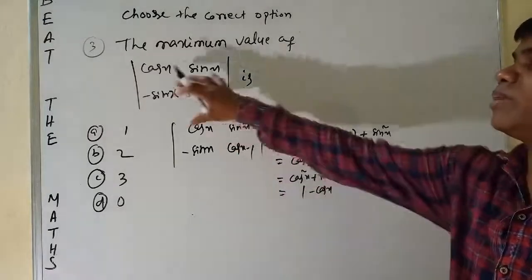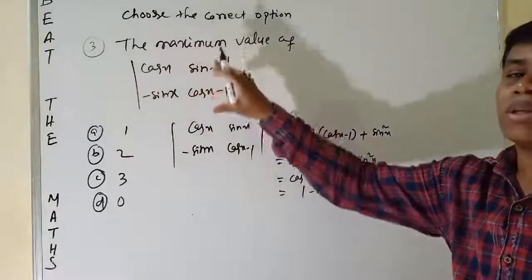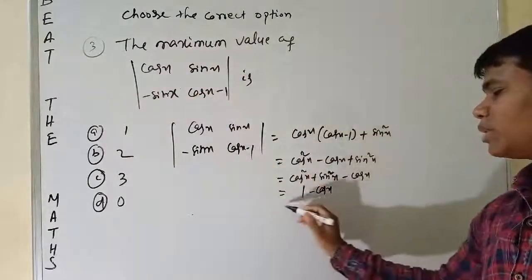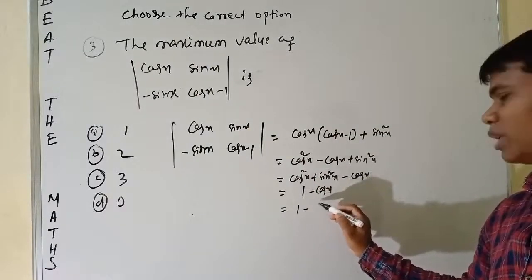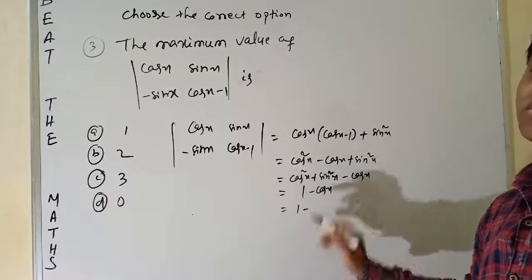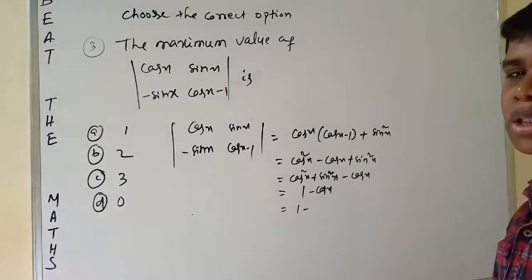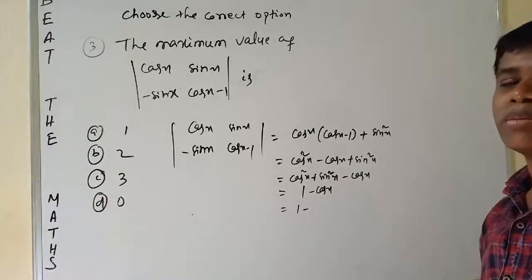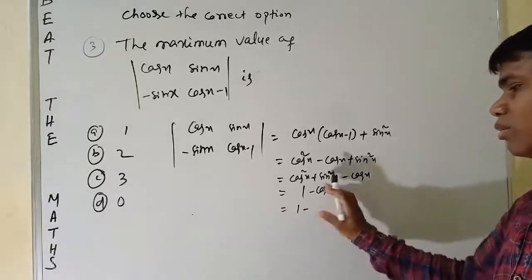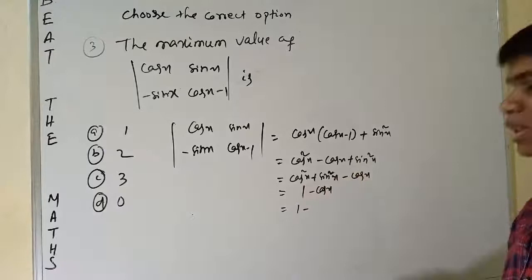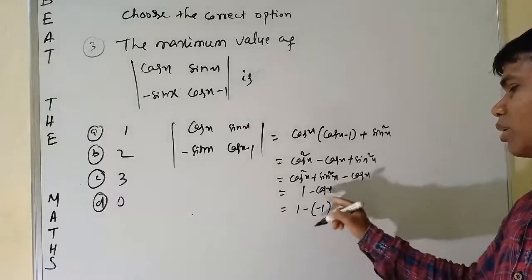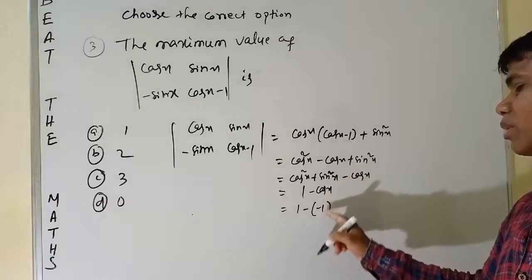You see, we need the maximum value of this determinant. The maximum value of cos x is 1, the minimum value of cos x is -1. We need the maximum of the entire 1 minus cos x, so we have to put -1 in place of cos x.